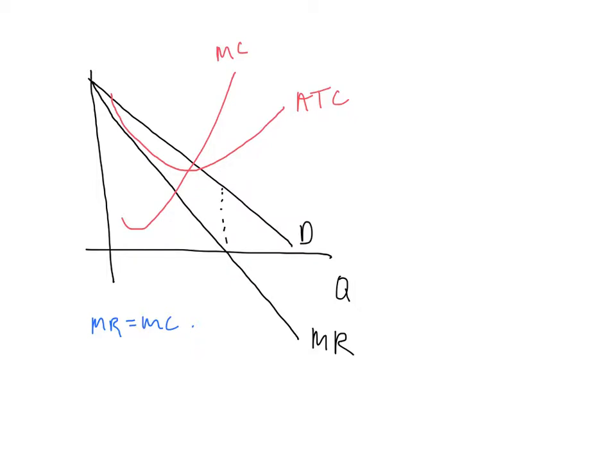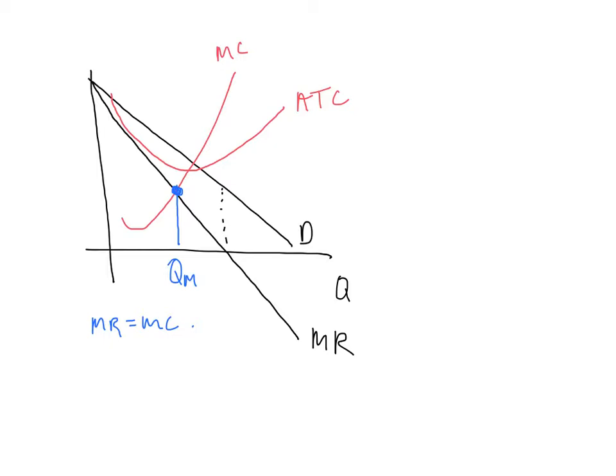If marginal cost were bigger, there'd be an opportunity to expand profits by producing less. So it must be the case that the monopolist is maximizing profits where MR equals MC. So in this case, that's right here, all right? And that's what's going to determine the monopoly profit maximizing level of output.